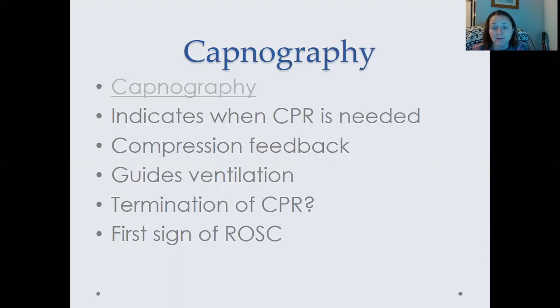So that capnography waveform is going to disappear before the pulse ox does, because you may still have some oxygen perfusing, so it may take a few minutes. But if you're monitoring somebody's CO2, it's going to drop immediately when somebody stops breathing. So you get a little bit faster.